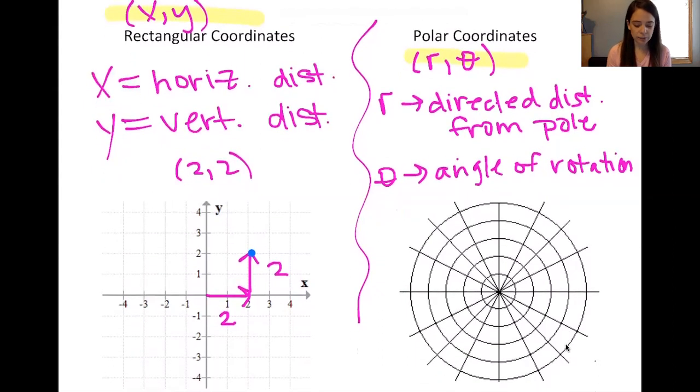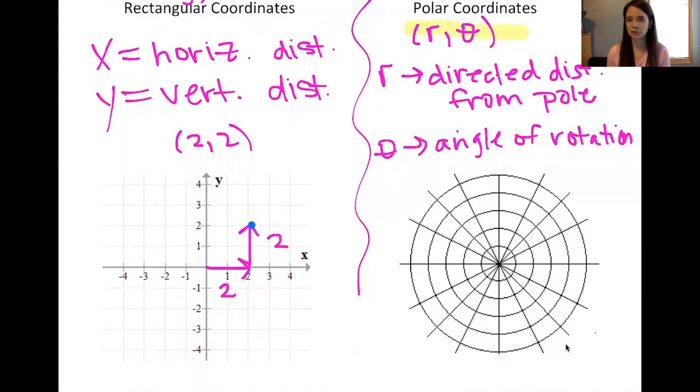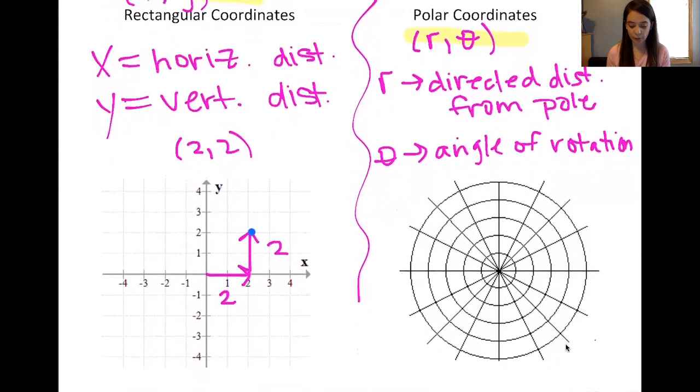When I plot these coordinates, I sort of like to think about it backwards. So let's say I wanted to plot the coordinate 4, comma, pi over 3. I like to first think about the angle.